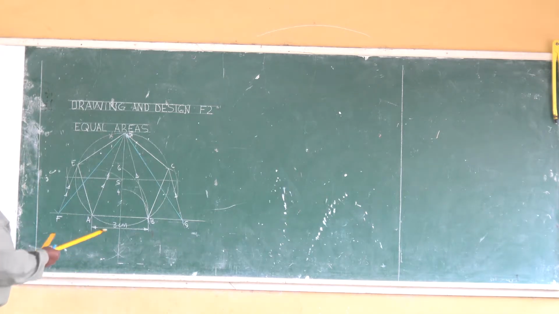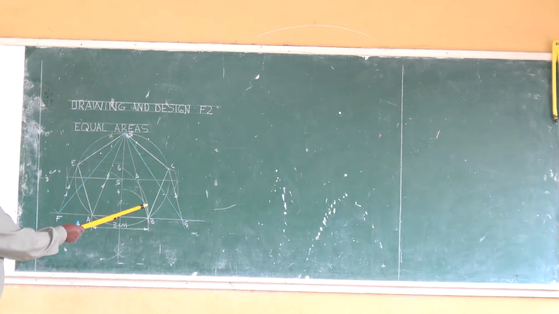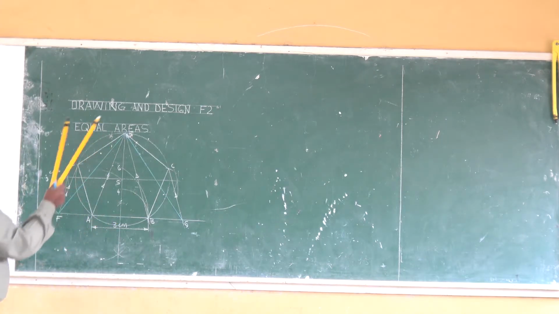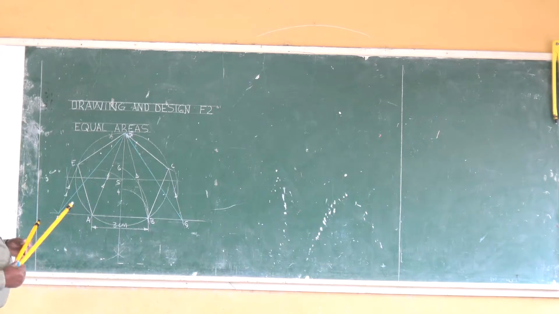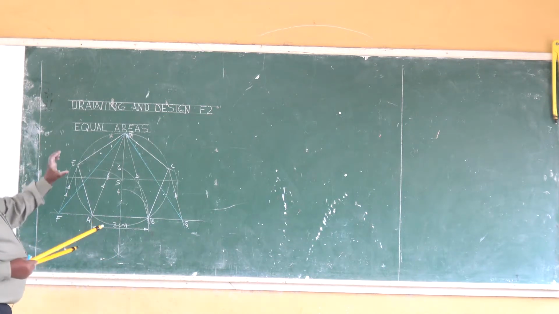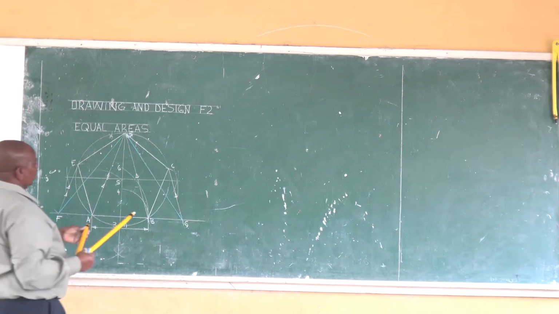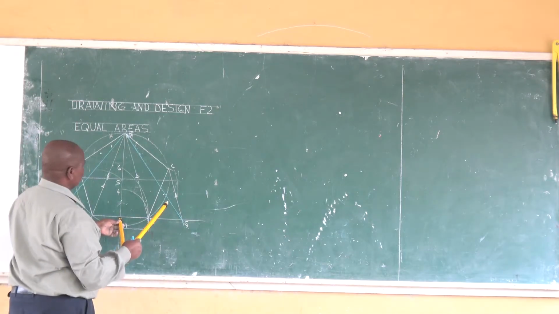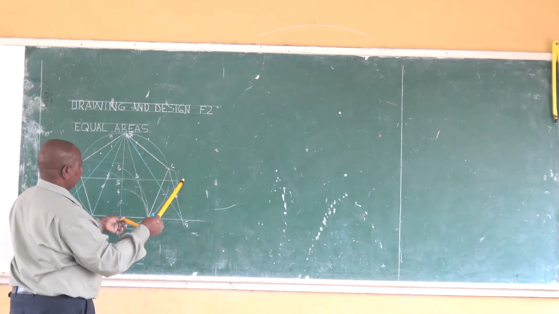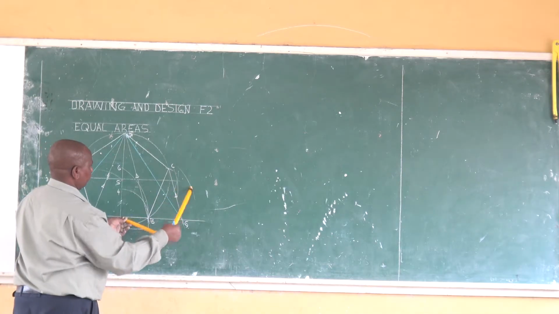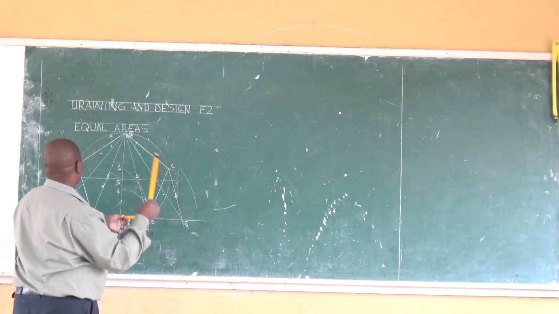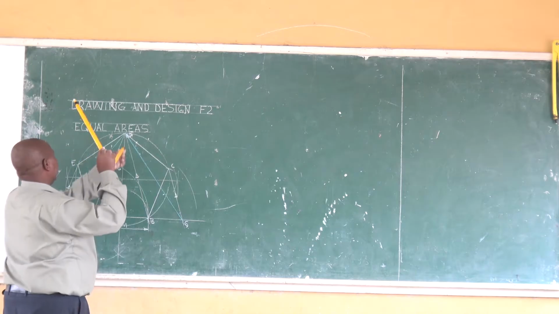So half of FG multiplied by the perpendicular height from the base to point D gives us the area of that triangle. So how do we get the area of a rectangle equal in area to that triangle? By using the same concepts, we get half of that height.